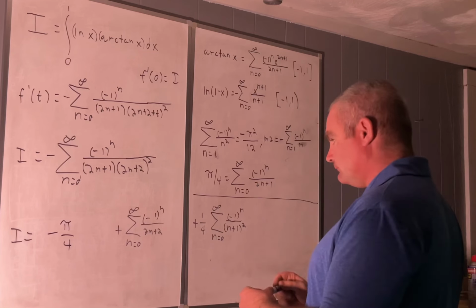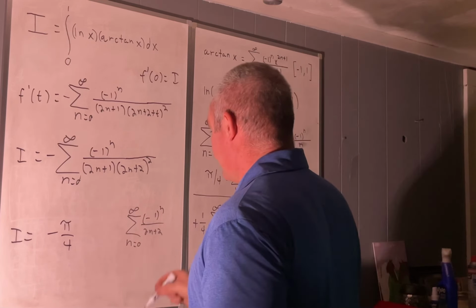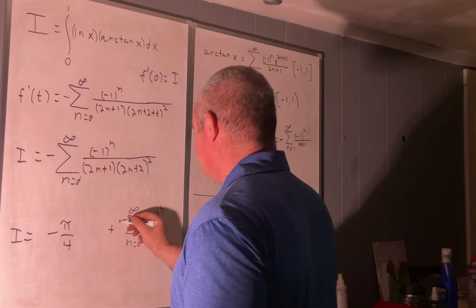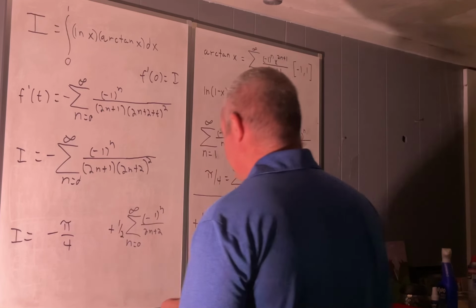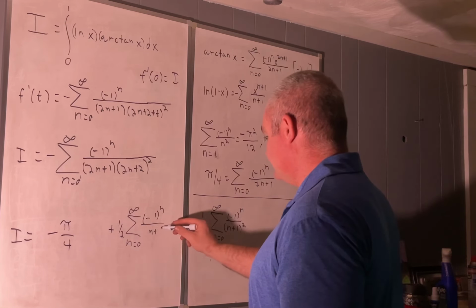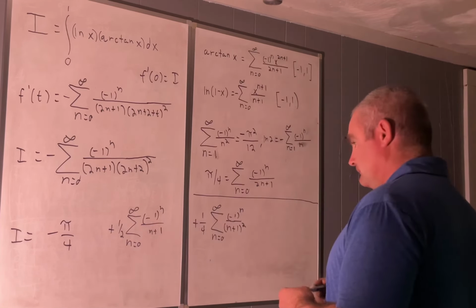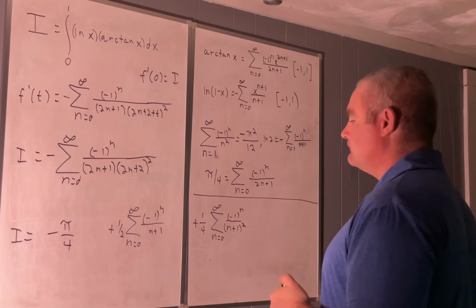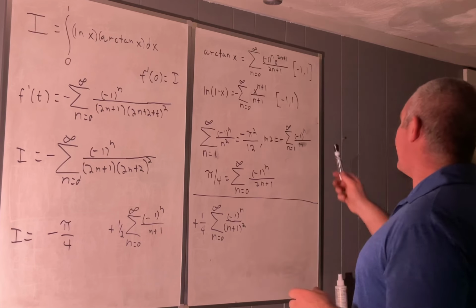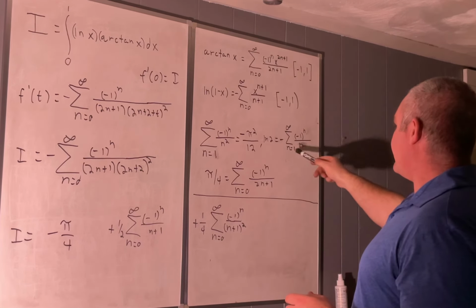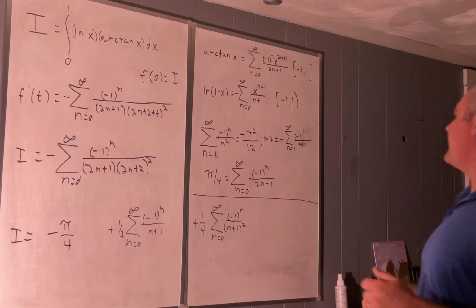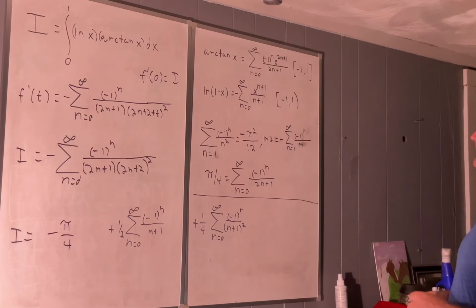Now what about this one? Well, we can factor out a 1/2 to make this n plus 1. Now we almost have the alternating harmonic series, I believe is what that's called.